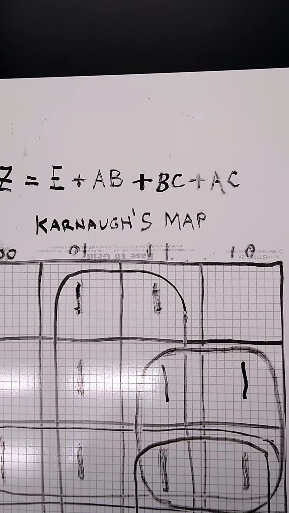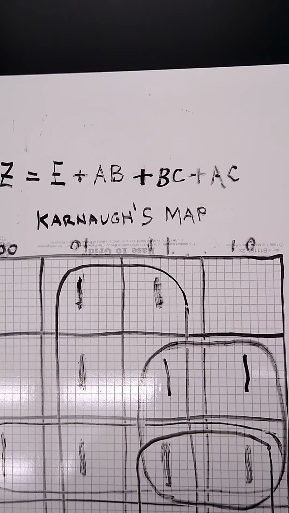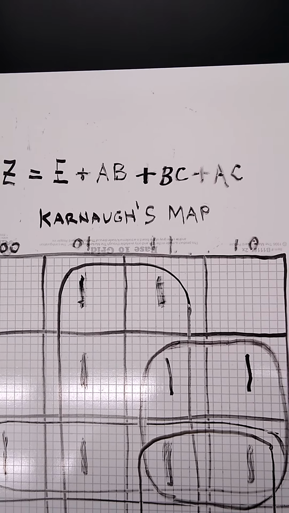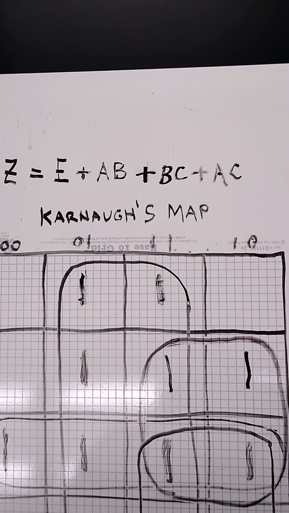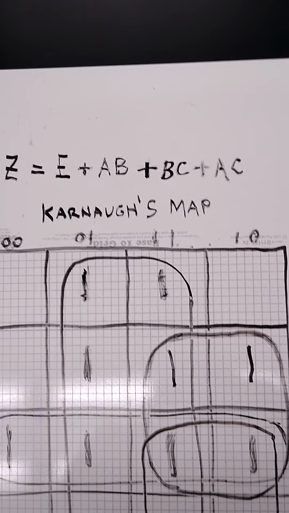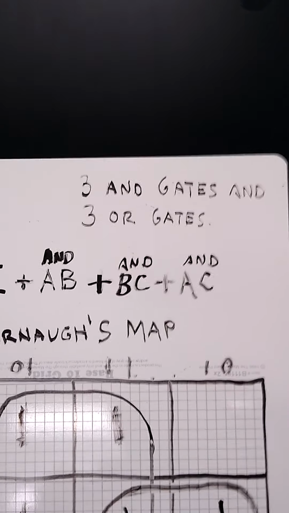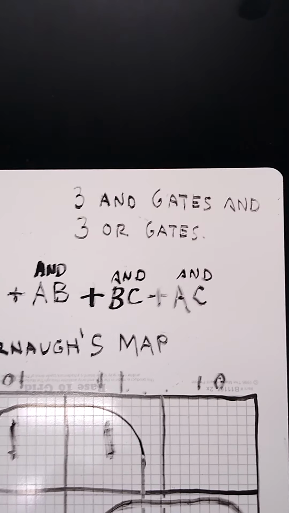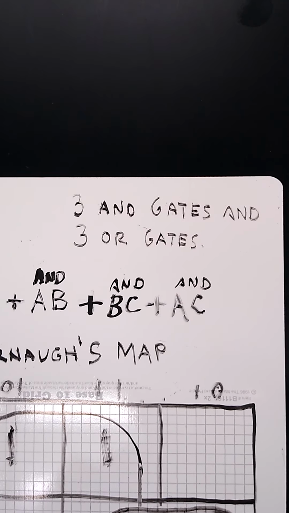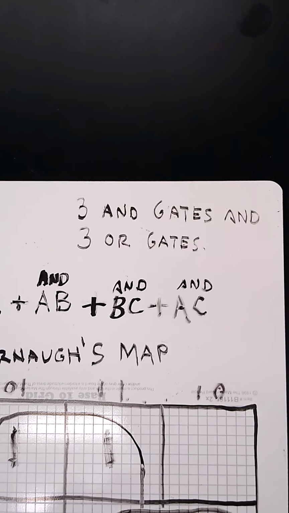So that means I will require 3 AND gates, and I will require also 3 OR gates. So I will require 3 AND gates and 3 OR gates to implement this circuit.